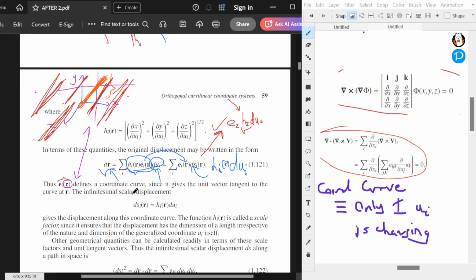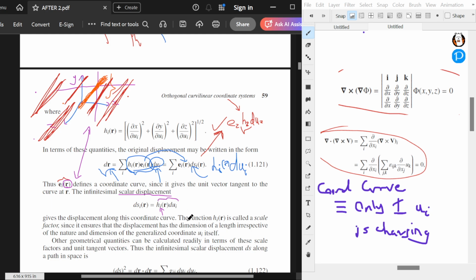The infinitesimal scalar displacement, that's a new thing they're defining here, gives the displacement along this coordinate curve. Okay, yeah, I agree. h_i is just a length after all.